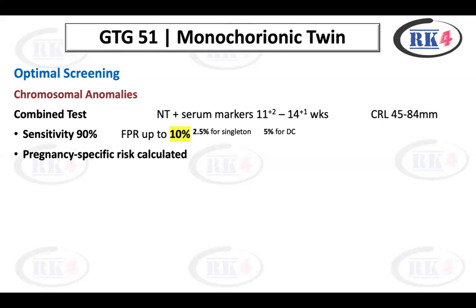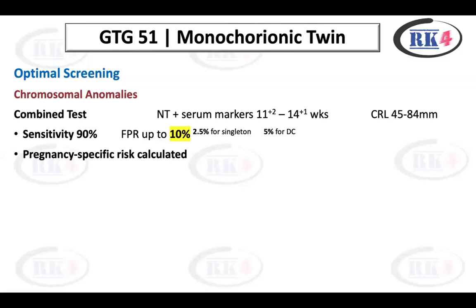But for monochorionic twin pregnancies, the false positive rate is 10%. So you need to be vigilant. You need to look into the other signs which may help you diagnose what is happening. Be vigilant and interpret these results very carefully. And in this combined test, we calculate pregnancy-specific risk.